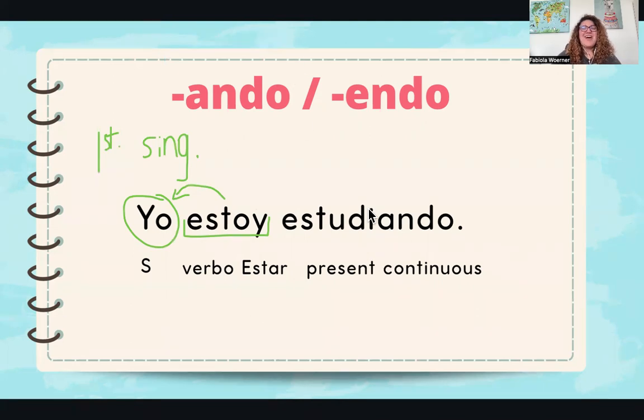And then we have our next verbo, and it's going to end in ando. Ando, and that is our present continuous. Most verbs with an ar ending, like estudiar, caminar, hablar, to talk, are usually going to end in ando.